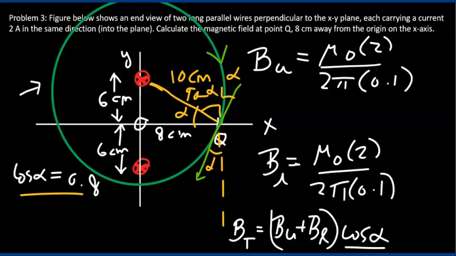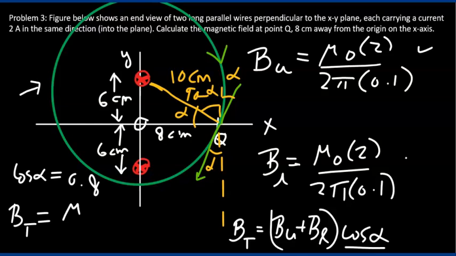Substituting this information, and this information into this expression, we get the following for the total field. So the total field, which is in the direction of negative y-axis, is given by this plus this. They're essentially the same term.